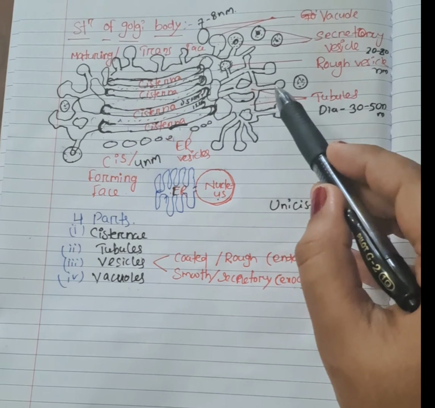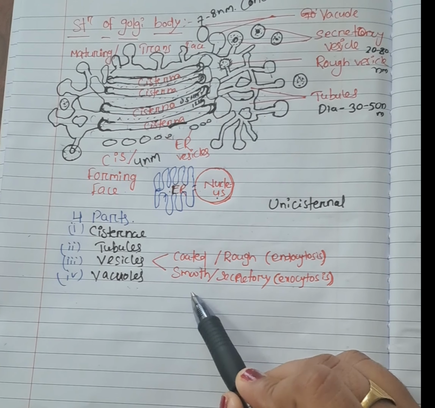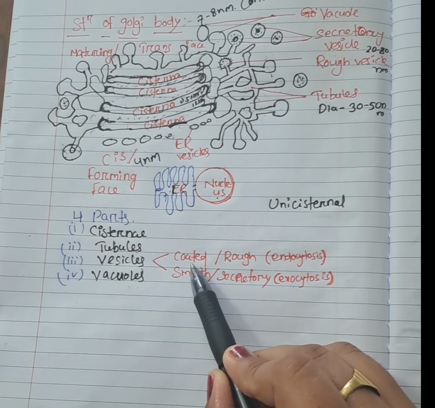This is the tubule, and the vesicles are developed from the tip of that tubule. And the vesicles are of two types, one is coated and the other is smooth. The coated ones are known as rough vesicles. These are the rough vesicles, and they are covered with bristle-like structures.